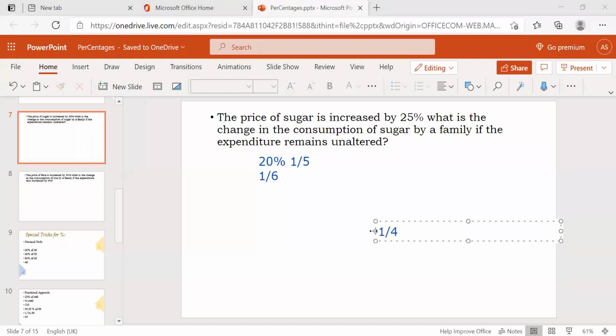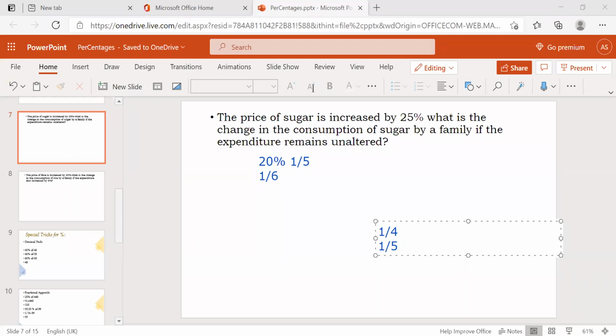Using this, if 1 by n increases, 1 by n plus 1 will decrease. So 1 by 4 plus 1, that is 1 by 5, will be decreased. If you know that, we can use that shortcut directly.